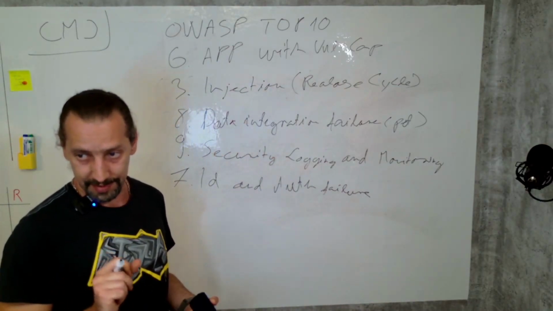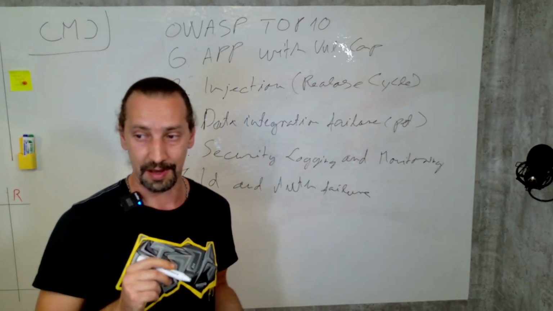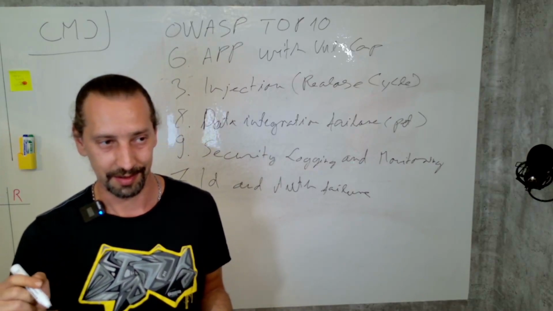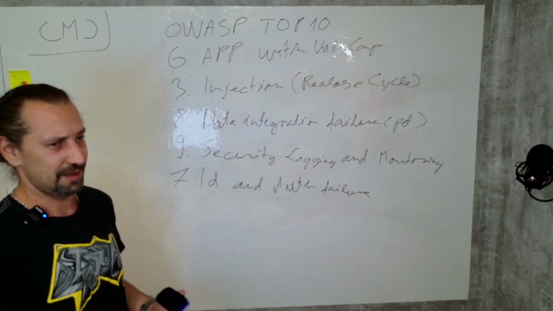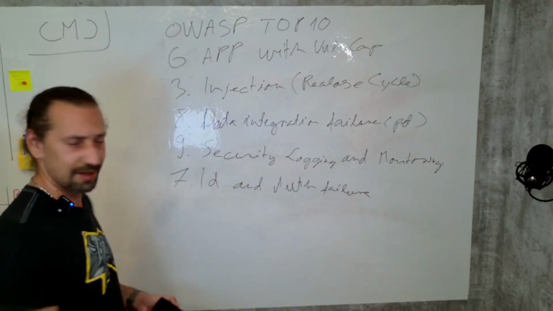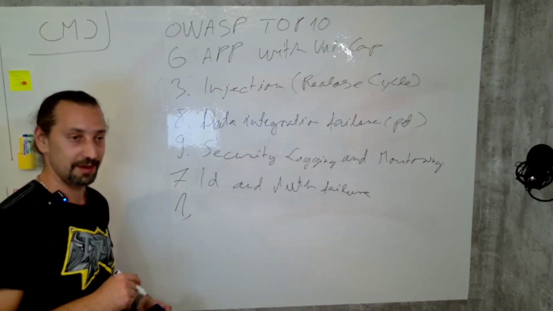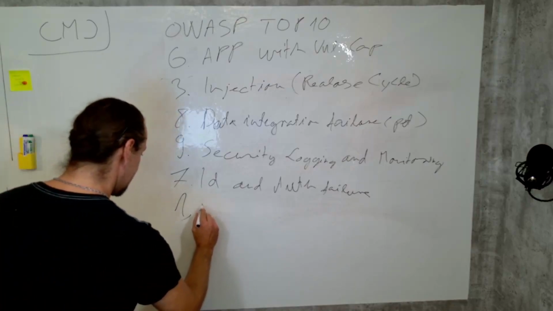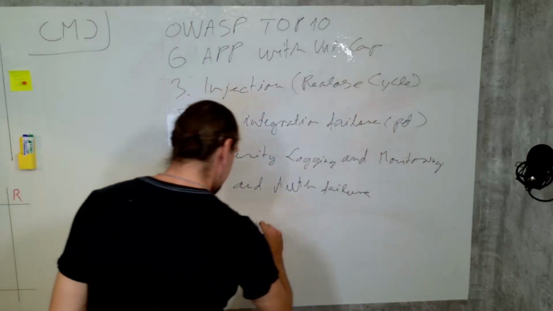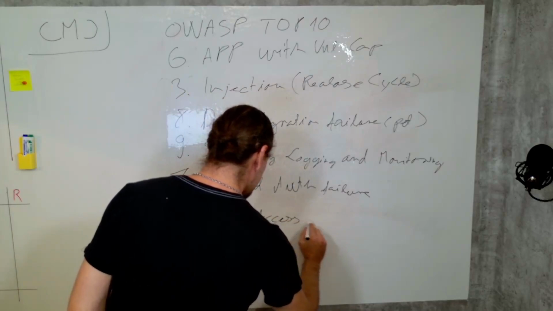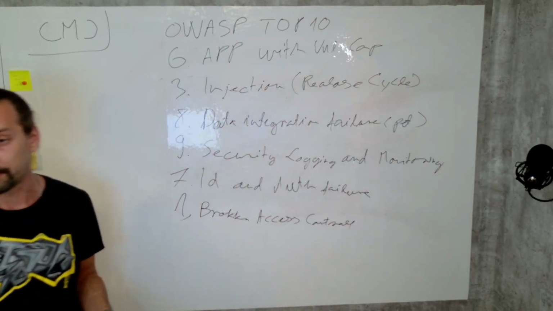If you don't have security logging and monitoring of identification and authentication failures in your system, then you probably won't find the most obvious broken access control.